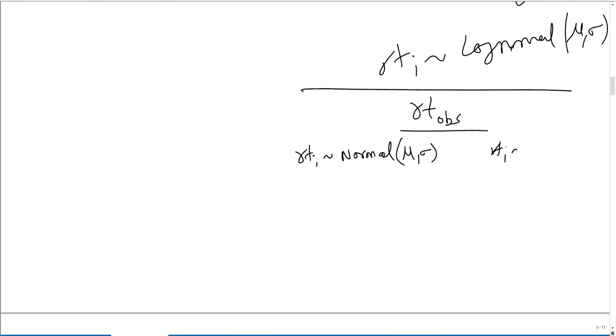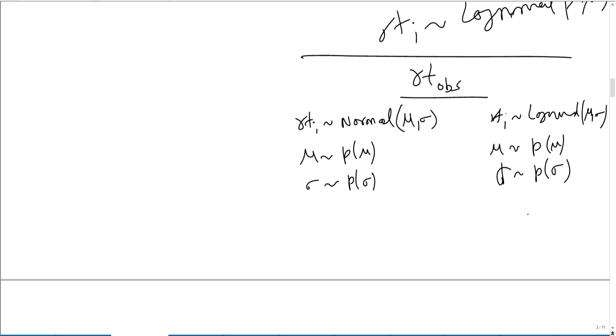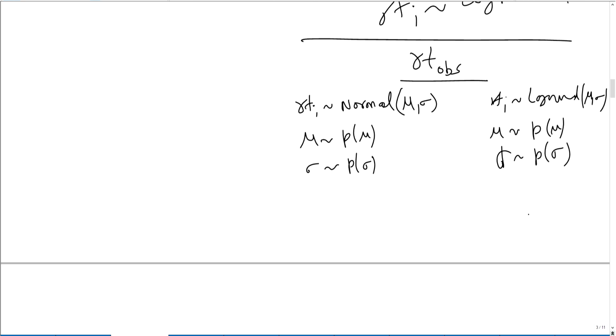Here you assume RT i comes from log normal mu sigma, and then you have a prior on mu, and here you have a prior on mu. These are different mu parameters. You have a prior on sigma, and a prior on sigma. So these are your competing models.